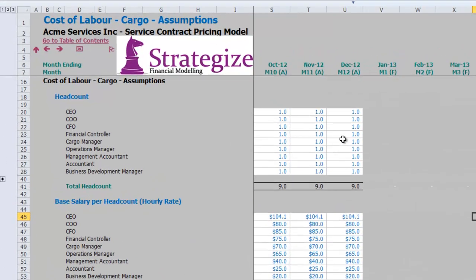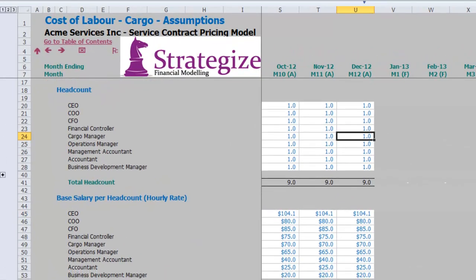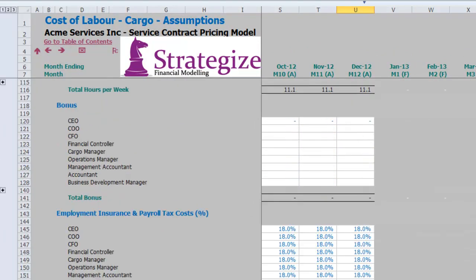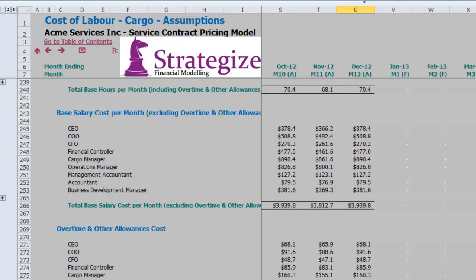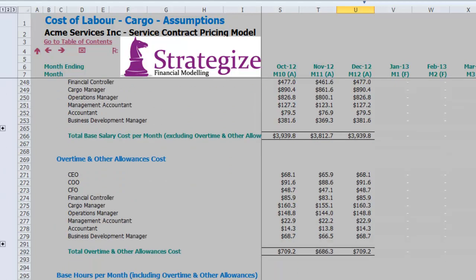Cargo cost of labour, as I said, this is where the detail comes into play in terms of the level of cost that we've got to account for, which is often underestimated by companies in servicing a contract. It's not just the actual direct labour that you've got to realise is going to service that contract.